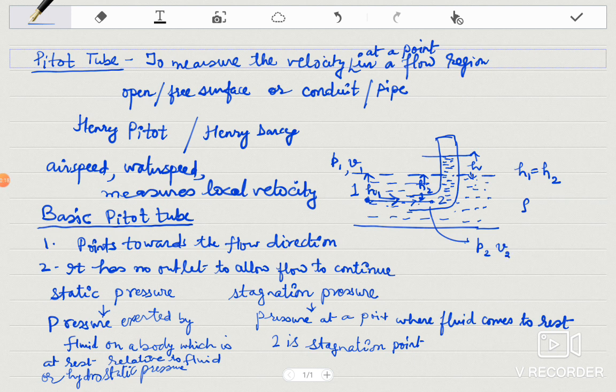Now we will use Bernoulli's equation at point 1 and at point 2. Bernoulli's principle says that along a streamline, the Bernoulli's statement will remain the same at every point. That is the balance of energy. So we will write Bernoulli's expression for 1 as well as for 2.